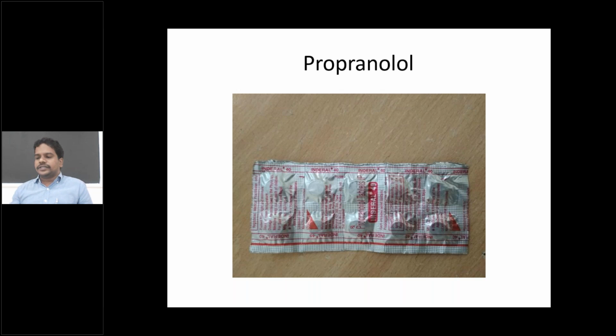Okay, propranolol uses are for treatment of hypertension, used as an antiarrhythmic, in tremors, and anxiety. These are the uses of propranolol.